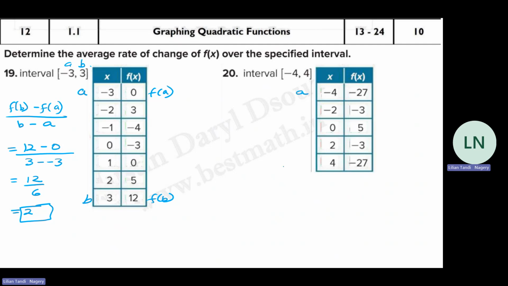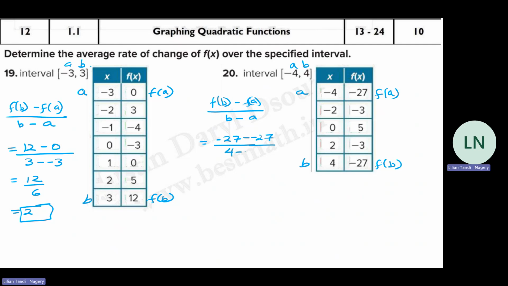This is A, this is B, this is F of A, this is F of B. Because I know this is my A and this is my B. So I will do here F of B minus F of A over B minus A equals -27 minus -27.